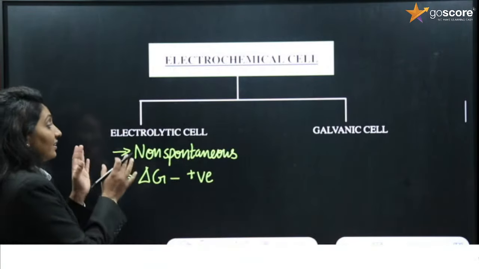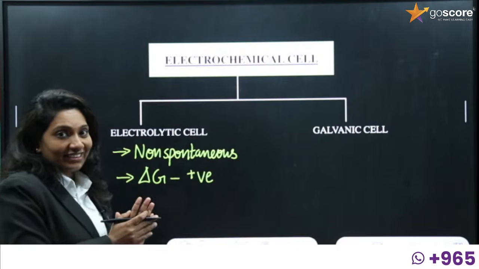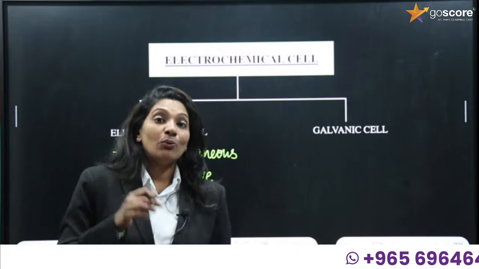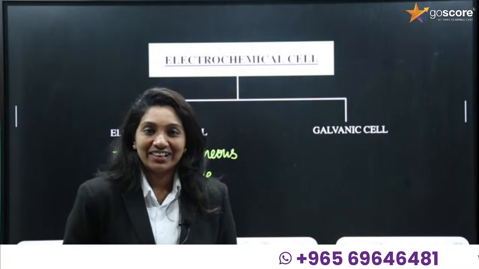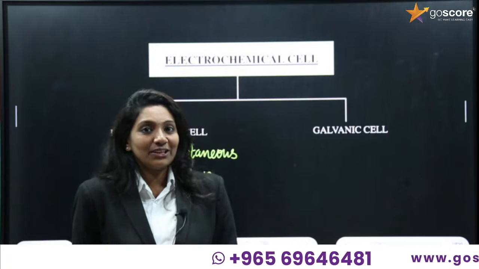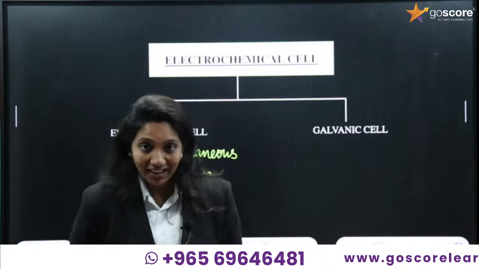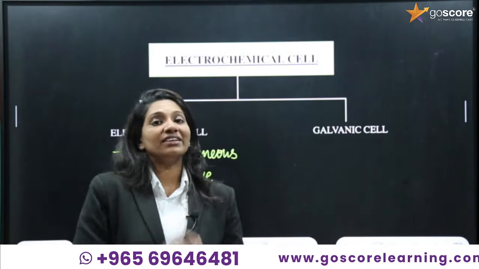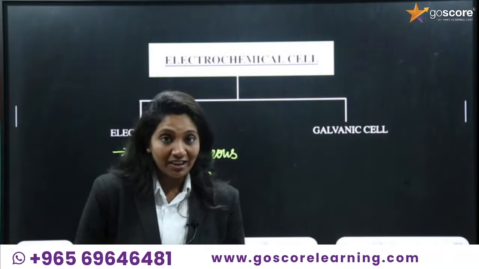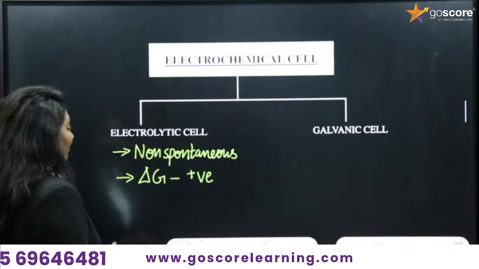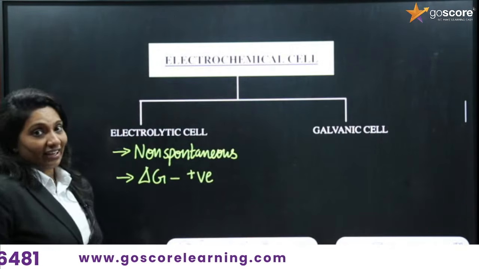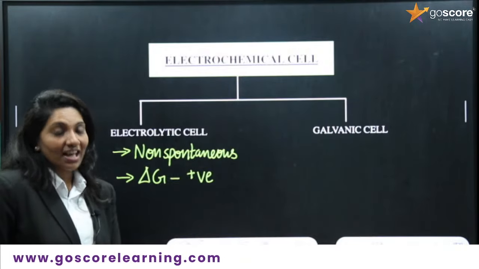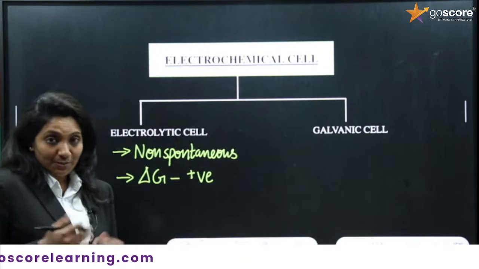And this is the cell that our mobile acts as when we are charging it. It's not happening spontaneously. We have to put it in the electric socket to get it charged, isn't it? So the electrolytic cell is a non-spontaneous process and the delta G value is positive.